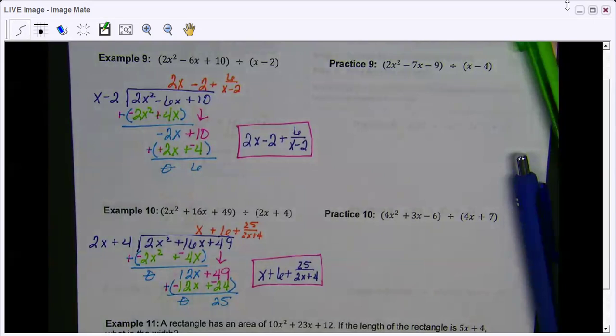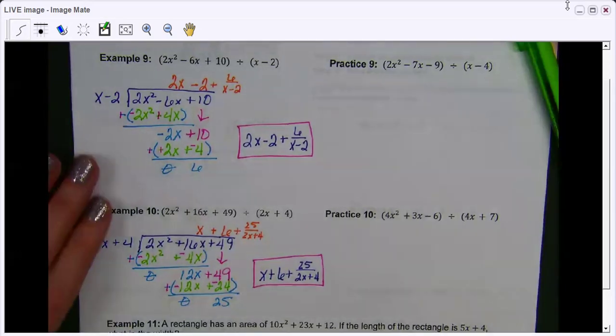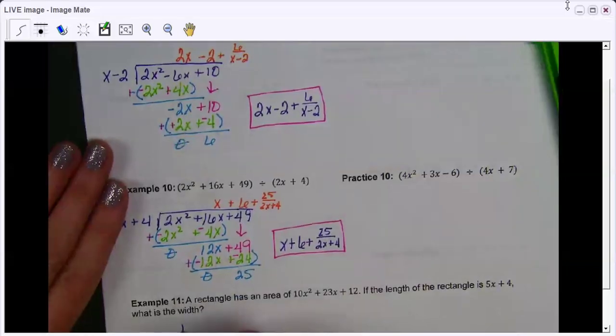It says a rectangle has an area of 10x squared plus 23x plus 12. If the length of the rectangle is 5x plus 4, what is the width? So remember, the area of a rectangle is length times width.